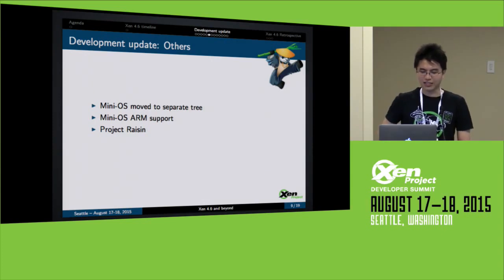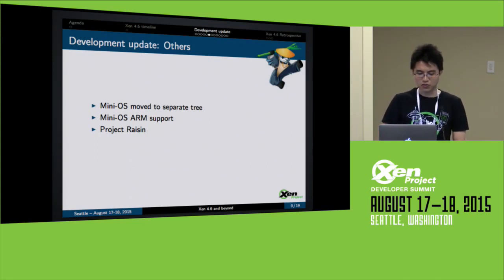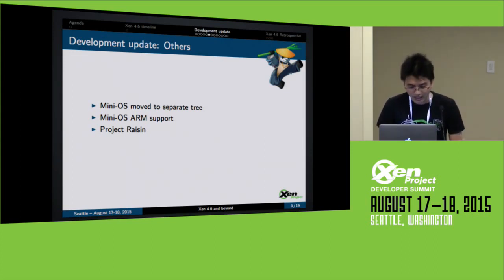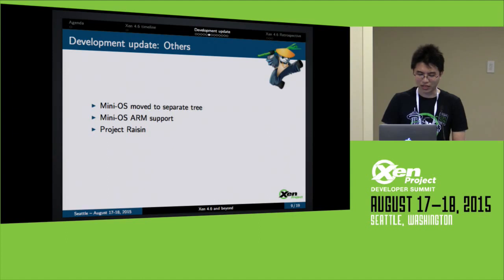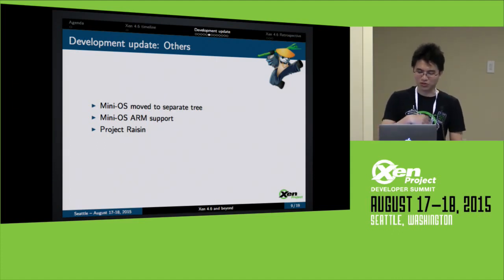Right. And the other thing is that we moved mini-OS out to a separate tree. That's a move to try to foster the unikernel movement. And then after that, we have mini-OS ARM support, which is ready to apply, but not yet applied. And then we have another project called Project Raisin.